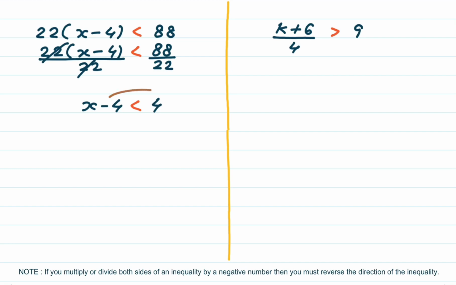We need to shift negative 4 to the other side, and we have x less than 4 plus 4, that is x less than 8.